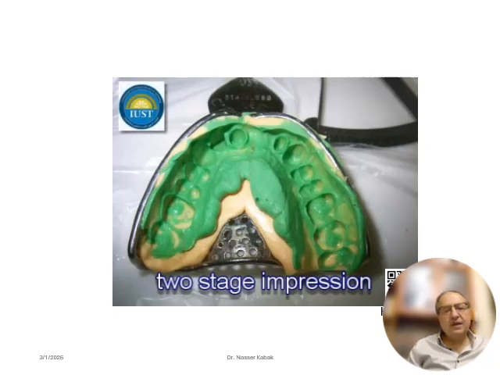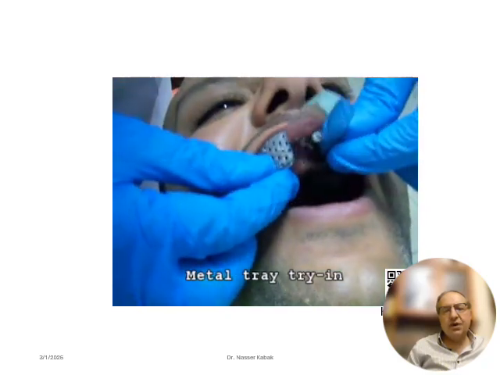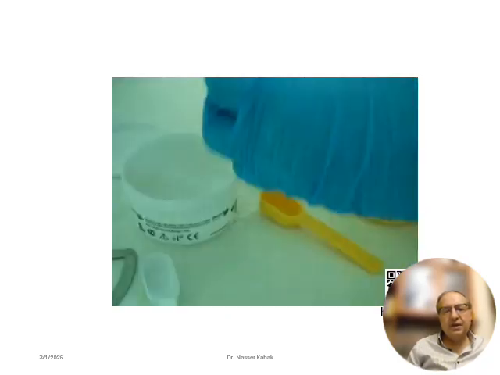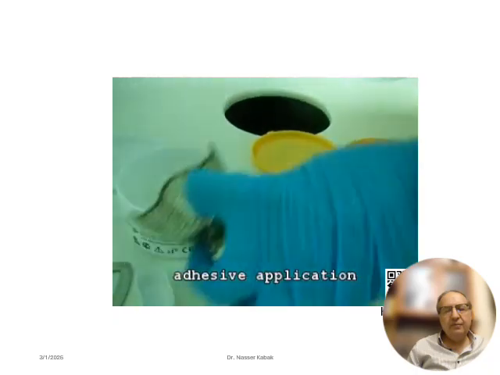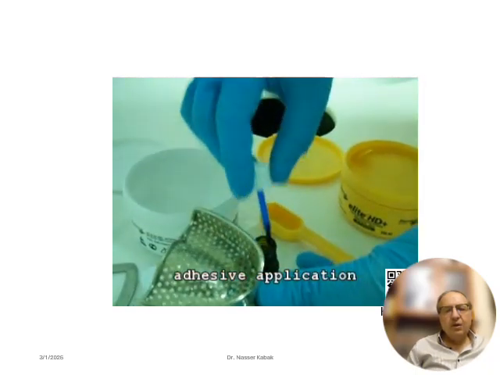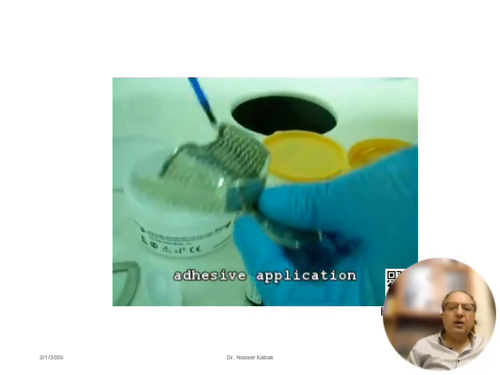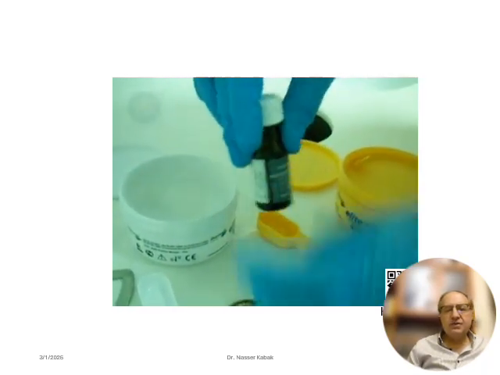And as you can see in this video, we start with trying the appropriate size of the tray. In this case, we are using a metal, perforated, stock tray. We are coating the inner surface of the tray with the elastomeric adhesive.